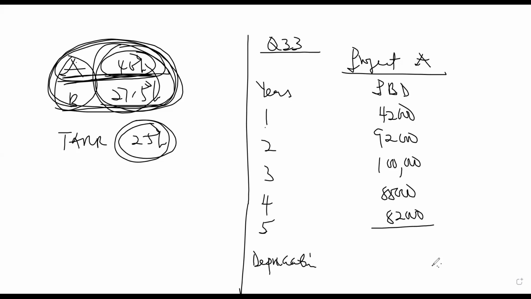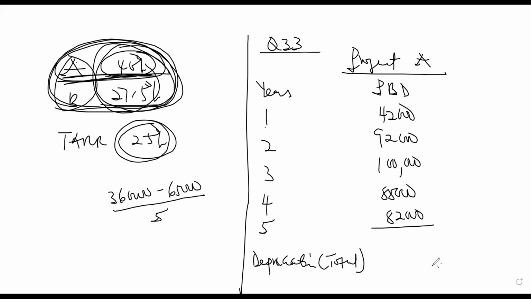The total depreciation should have been 360,000 minus 65,000. That will be the depreciable value. Then we do over 5 years. So at the end of every year, we will take the depreciation.